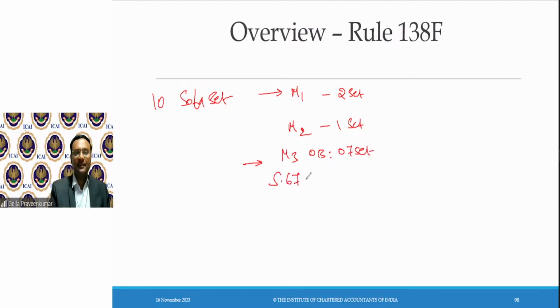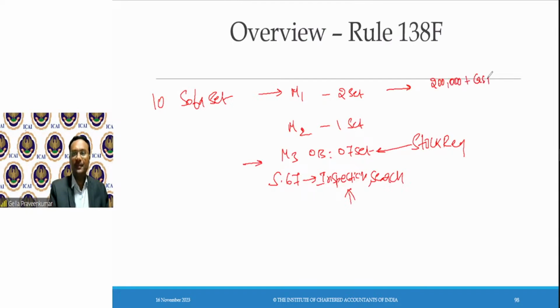Section 67, inspection, search and inspection provisions. The GST officer came for physical inspection. The inventory stock register shows that there are 7 sets available. In month 1, you sold 2 sets for 2 lakh plus GST.